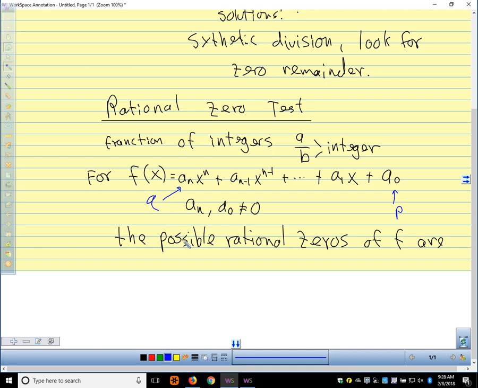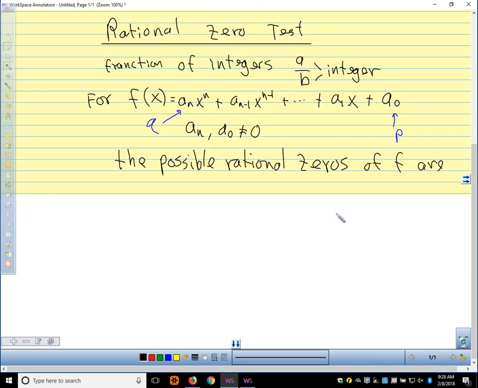I don't know why mathematicians chose p and q for these. That's just traditionally how we label them. The possible rational zeros are plus or minus the factors of p over plus or minus the factors of q.